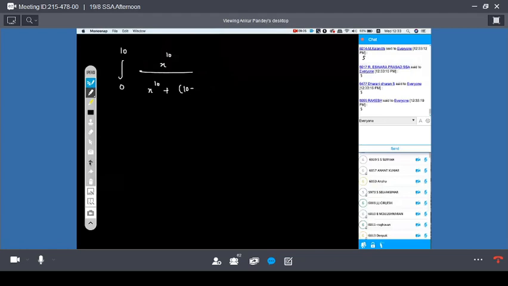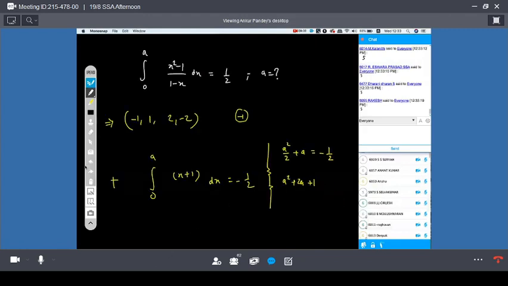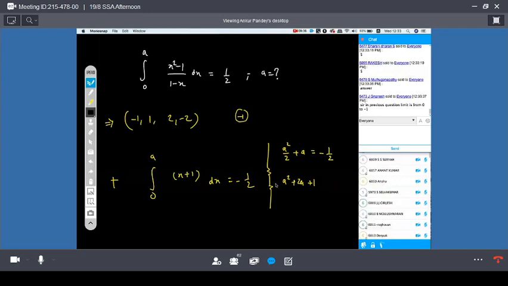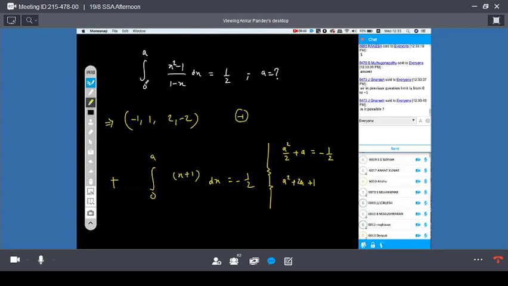Now the previous one. It is from 0 to minus 1.